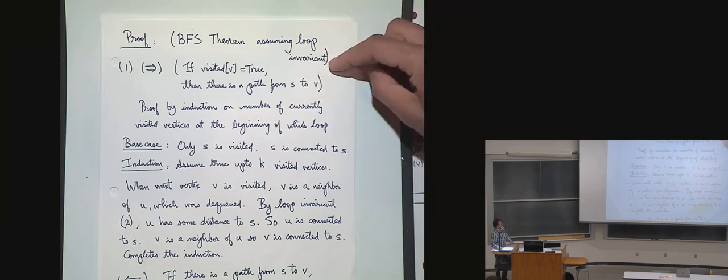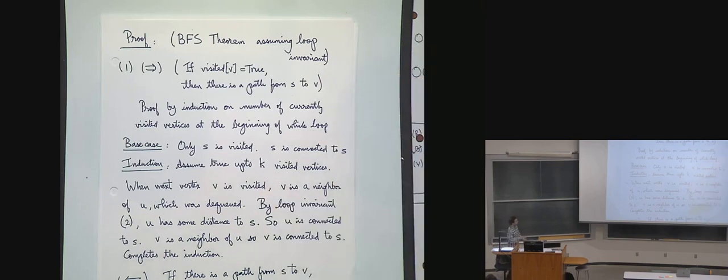So we're going to prove this statement by induction on the number of currently visited vertices at the beginning of the while loop. Just reading what I've written. So this is like the number of iterations, which is the same thing as the number of iterations of the while loop, but you can also think of it as the number of visited vertices. Okay? So what is the base case?